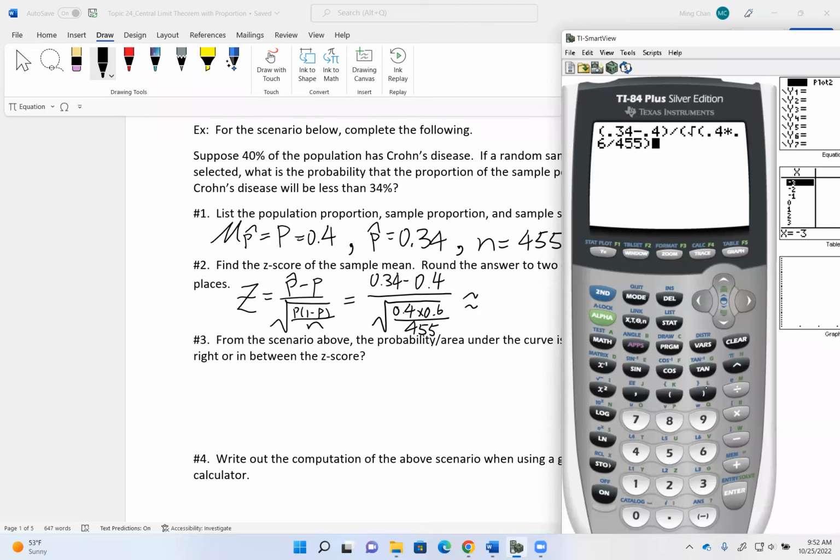If you type it in just like this, the calculator knows it will multiply before it divides. I close the parenthesis for the square root, and close the parenthesis for my entire denominator. If I round to 2 decimal places, that's about negative 2.61.